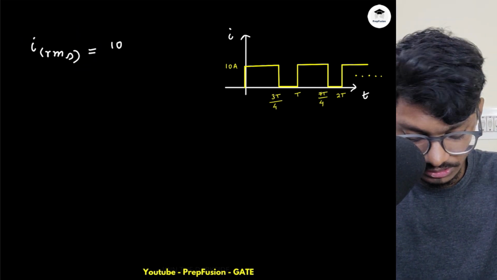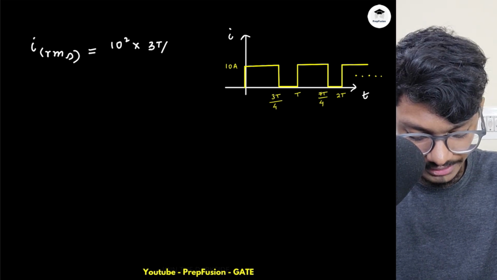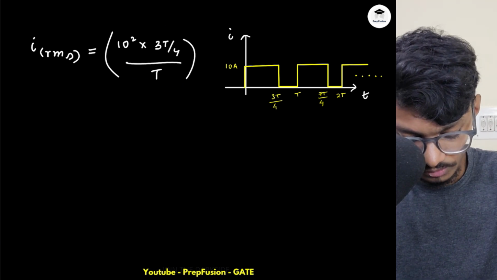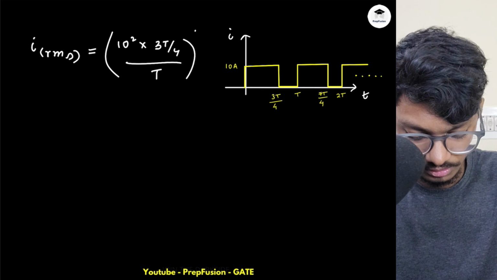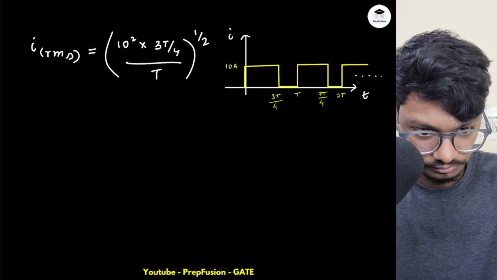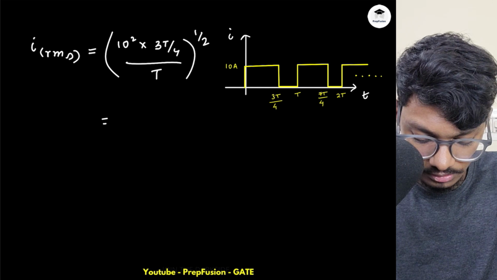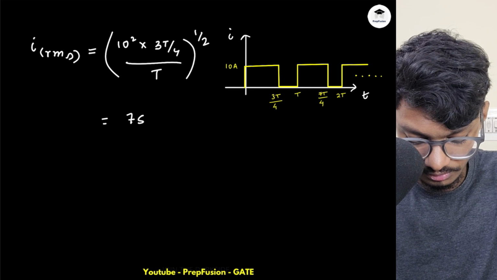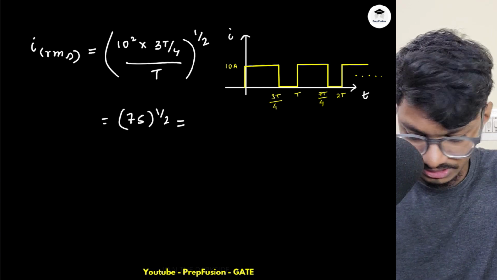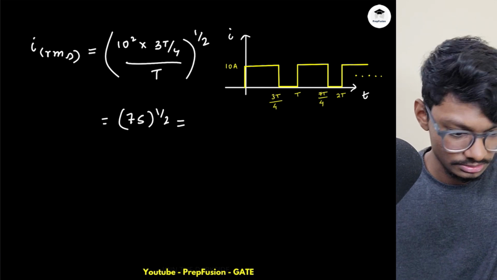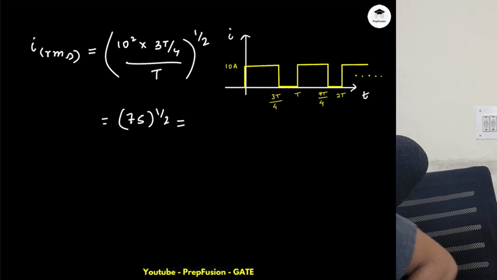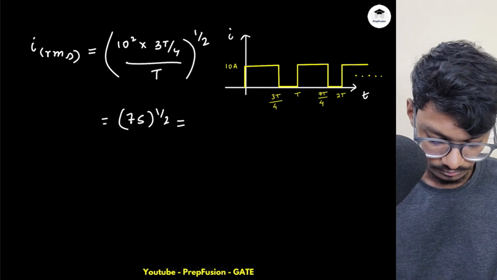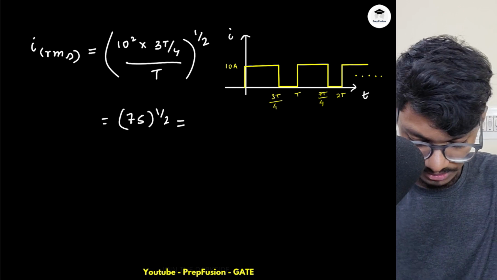This will be 10 square into 3T by 4 divided by T, and we have to take the square root as well, raised to the power 1 by 2. So this will be the square root of 75. Let me just quickly compute this. The square root of 75 is 8.66.